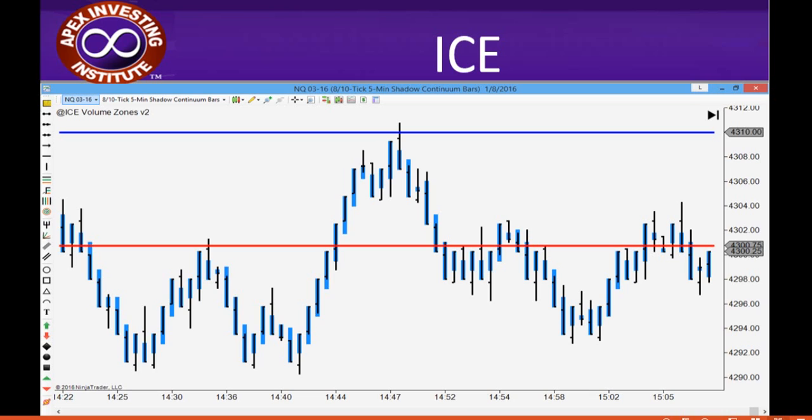What I mean by magnet levels is you can see as the market is coming down, it comes back up to this level, hits this level, comes down to this level, kind of teeters here, and is drawn back to this level. It usually requires a lot of volume to actually break through one of these levels. But we know they're very powerful magnet levels where the market can be drawn to and then at times bounce or consolidate there.